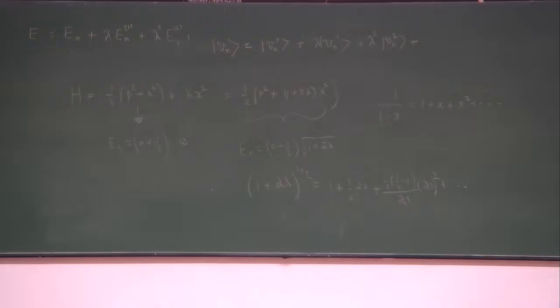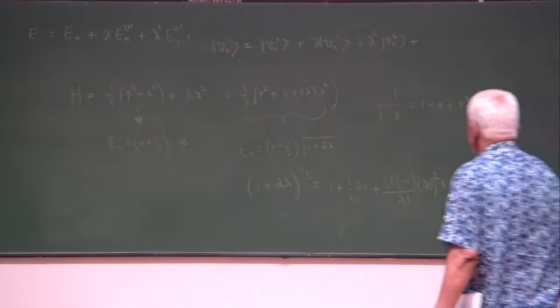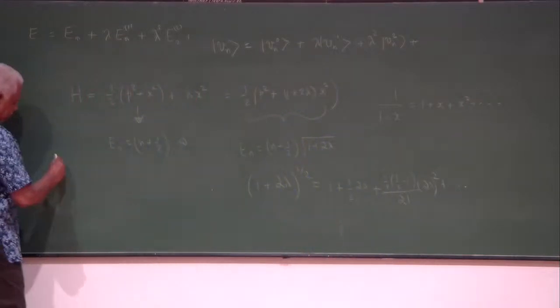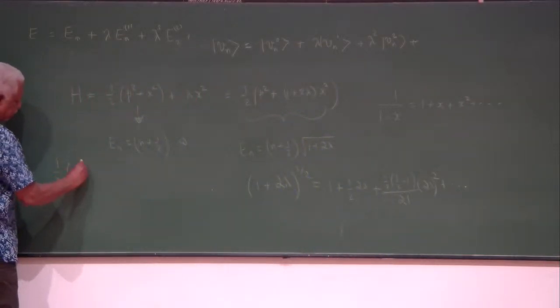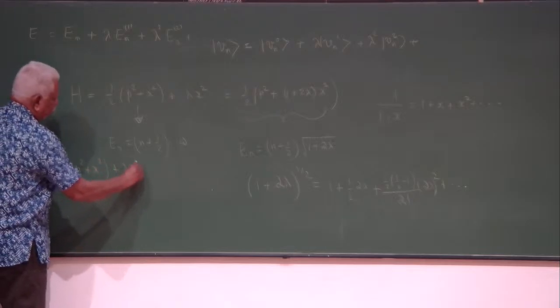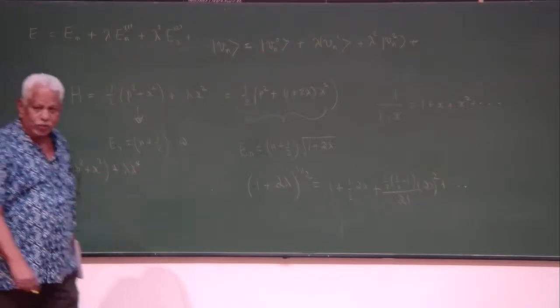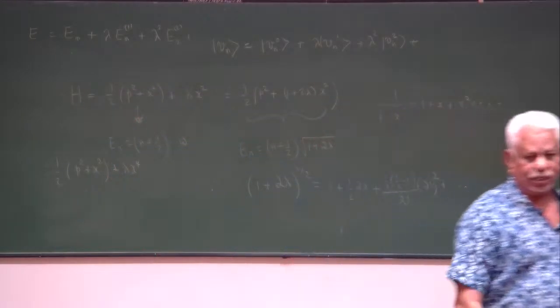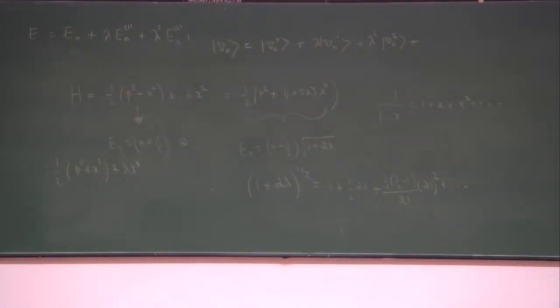And the last point, before concluding, is if I do this for the example half p square plus x square plus lambda x power 4, if I do the same analysis, I cannot do it exactly. You will have the zeroth order, first order, second order, third order, etc., and you will get some result.